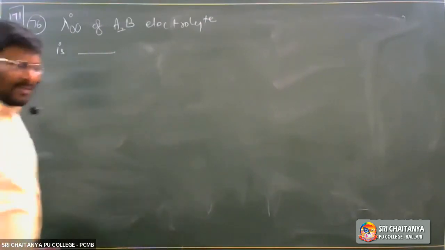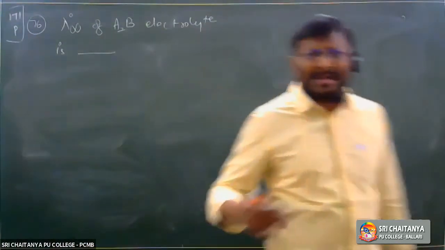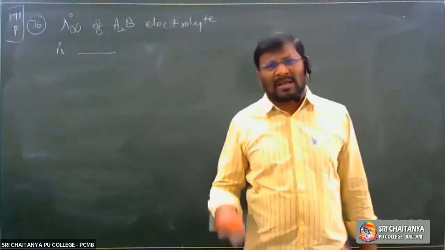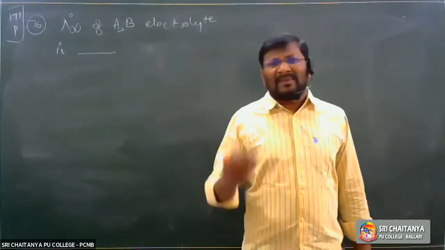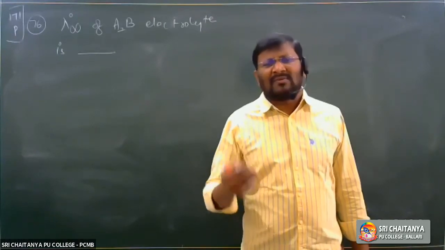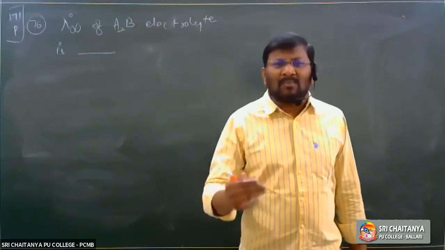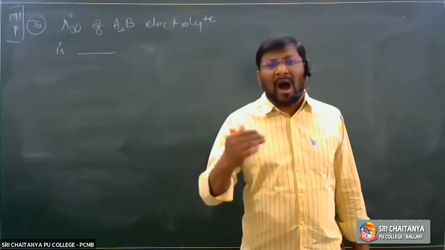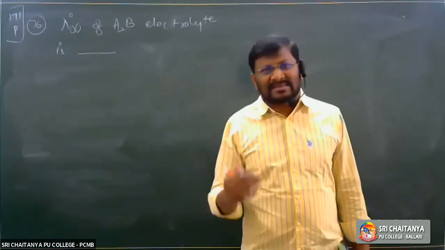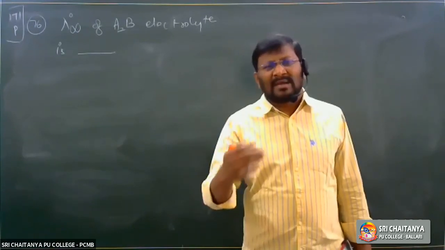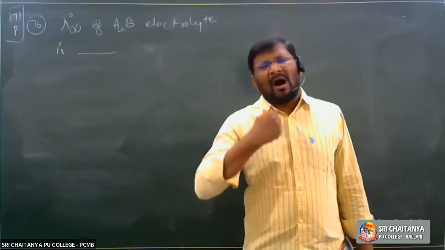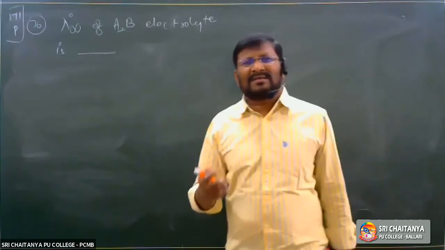For any electrolyte, according to Kohlrausch law, what do you say? The limiting molar conductance of any electrolyte will be equal to the sum of the limiting molar conductances provided by all the ions present in that one.